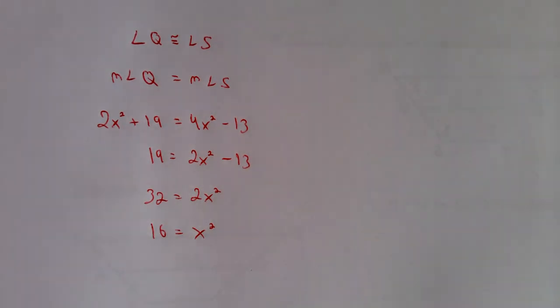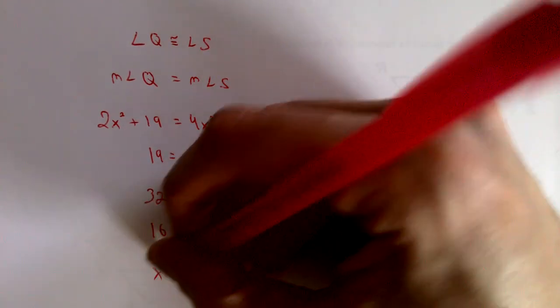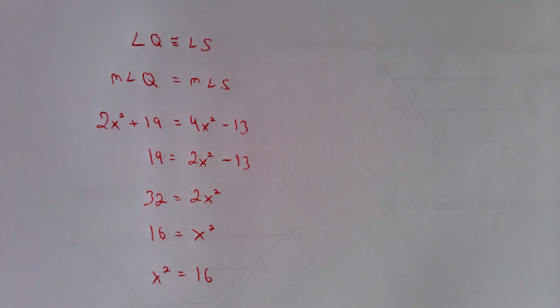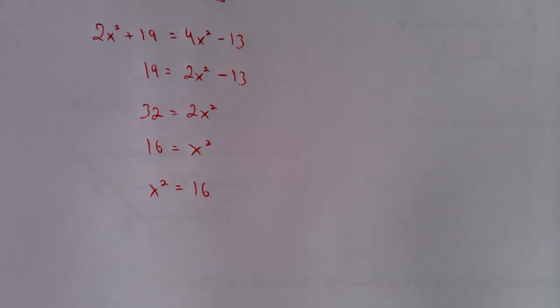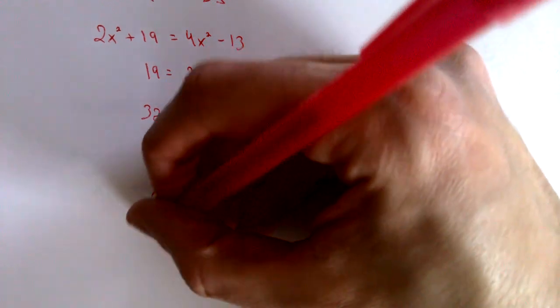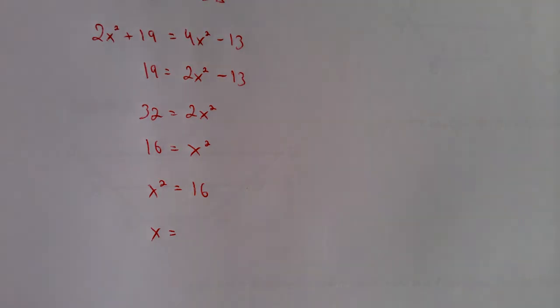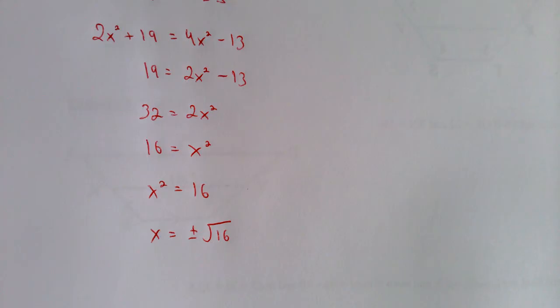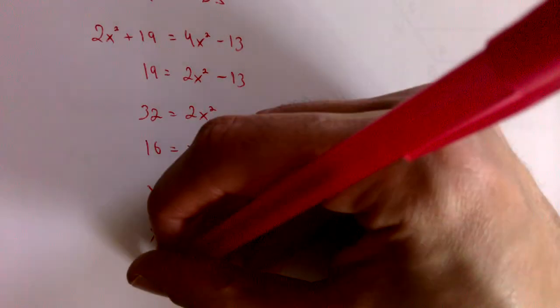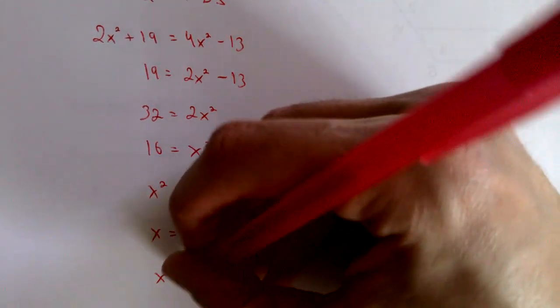I like to put the x on the left. Remember back to algebra 1: to solve this, you can take the square root of each side, so it leaves you with just x, and you do positive and negative square root of 16. That's going to give you x equals positive and negative 4.